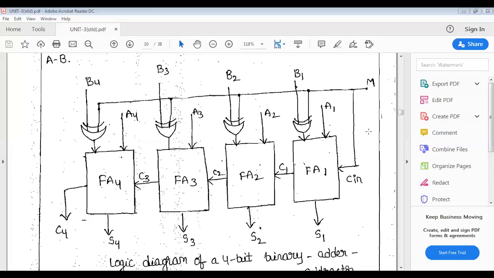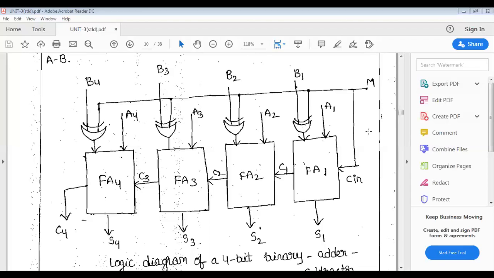So the first exclusive OR gate with M equal to 0 and B1 as the other input gives the value B1 only. So the first full adder takes the A1 value and B1, and the Cin is equal to 0, whatever we give to M. After performing the addition operation with A1, B1 and Cin equal to 0, it gets sum S1 and carry C1.